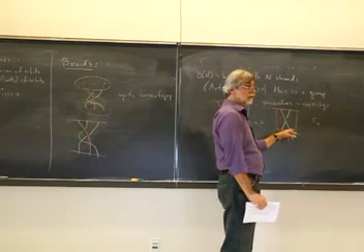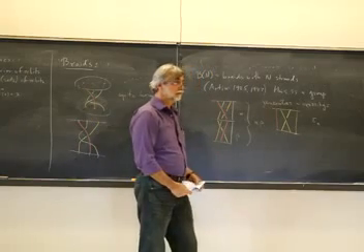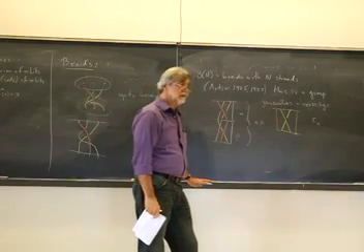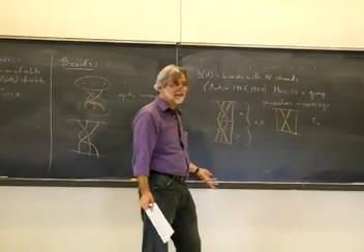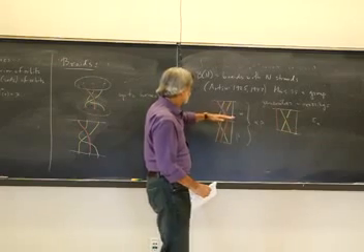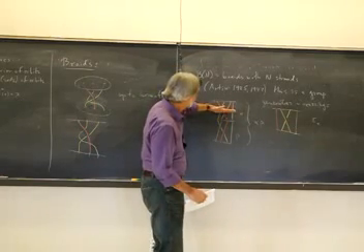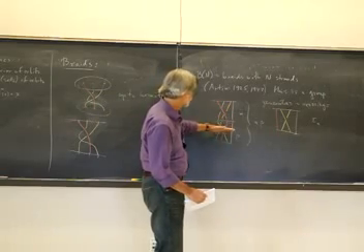So in B_4, there are 3 of these generators. So tau i is strand i crosses over strand i plus 1. At least that's the notation I'm using. And you can see that you can just parse it. Right? It's a product of such things. Right? Any of these. Yes.